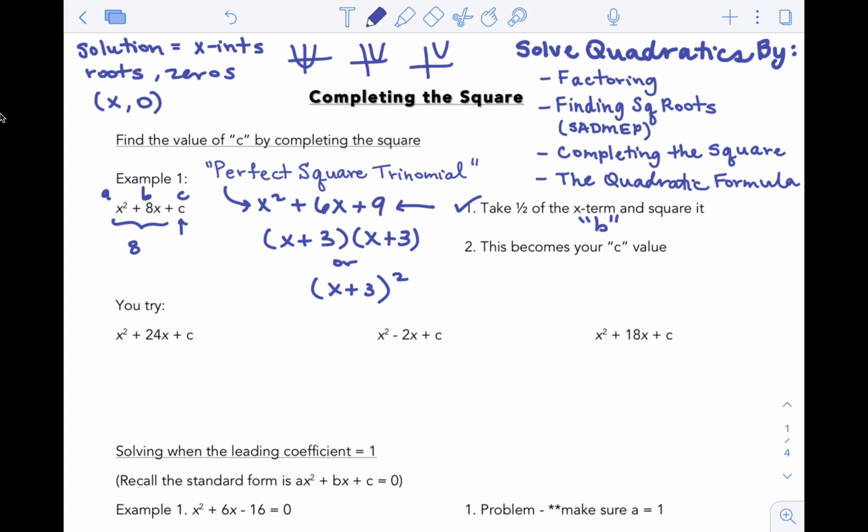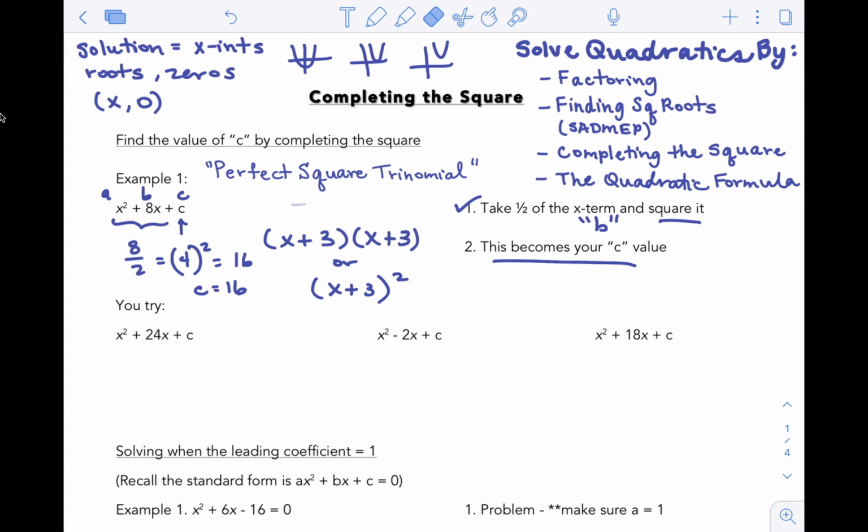Take half of the x term, that's 8, cut in half is 4, and square it. Well, 4 squared would be 16. This becomes your c value. So c is 16.